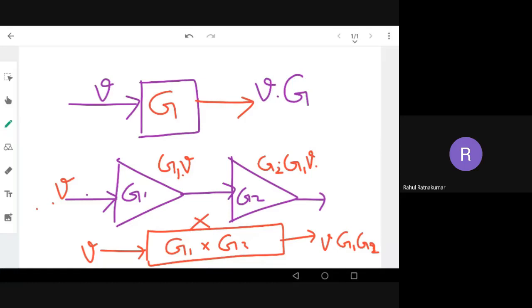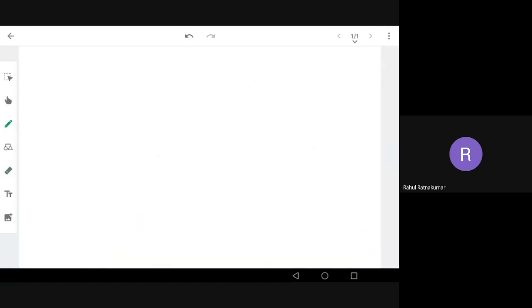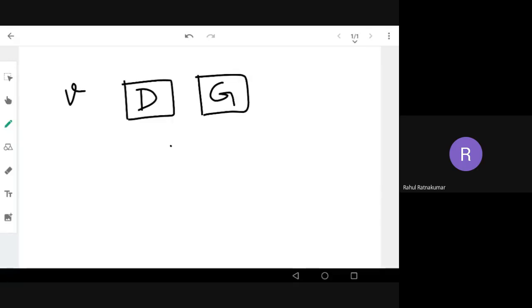So this is an example of an amplifier. Likewise in all systems, whenever two gains are in series, we can multiply them together, right? Another example you have taken last time is, say we have an input V, a block, for example G, another block G, and you have an output, for example Y.